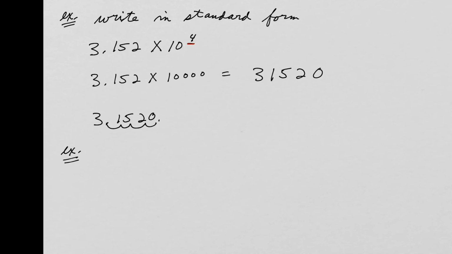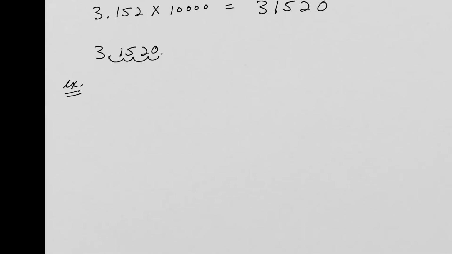If the exponent is negative, then it's the opposite. It really means it's a really small number. So, for example, if I have something like, say, 4.31 times 10 to negative 5, right?